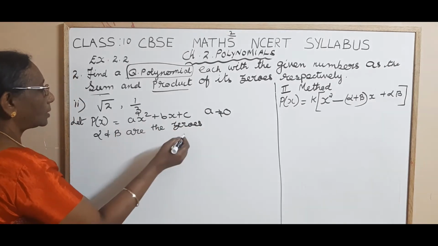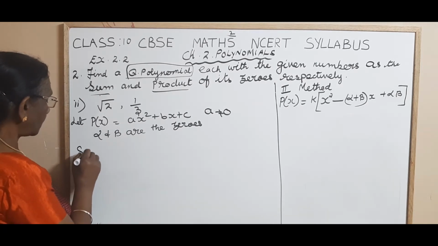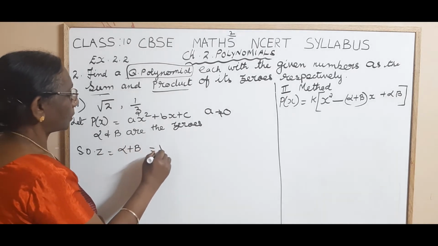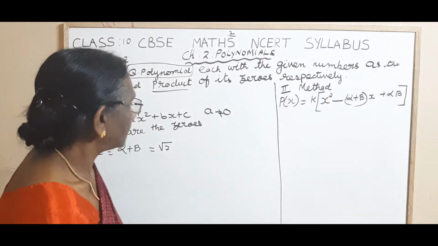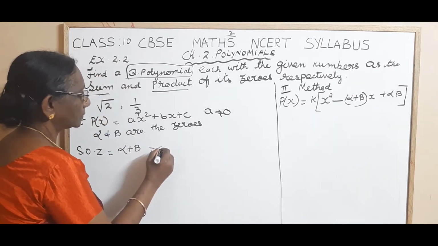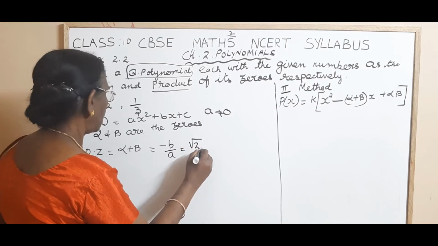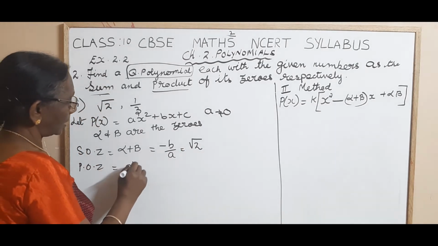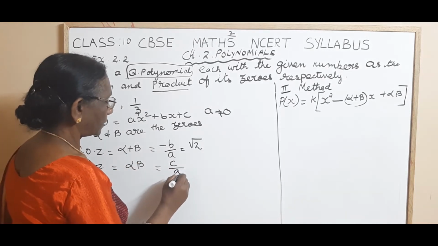Next, the sum of zeros, alpha plus beta, is equal to root 2. What is alpha plus beta? Minus b by a.